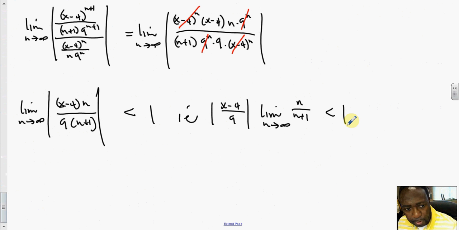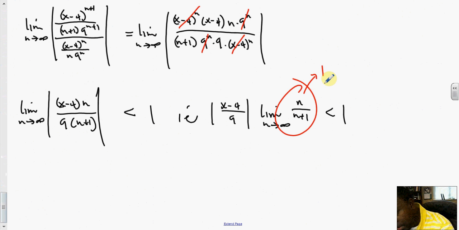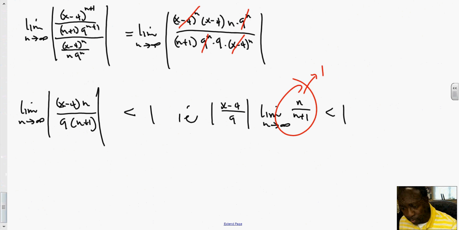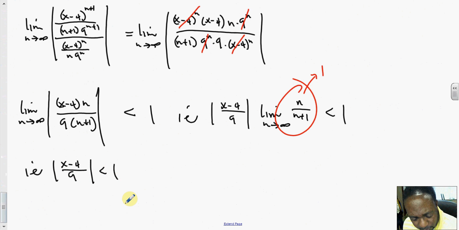You can do that because you have power. This limit here is 1. So I have the absolute value of x minus 4 divided by 9 times 1 less than 1. So that is, we have the absolute value of x minus 4 over 9 is less than 1. Right?